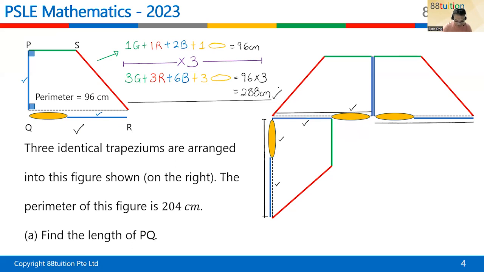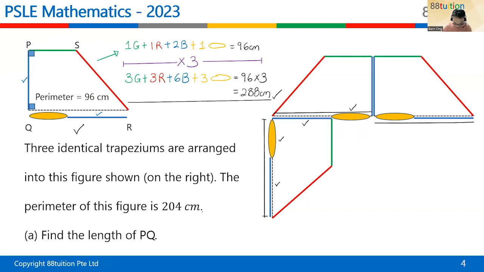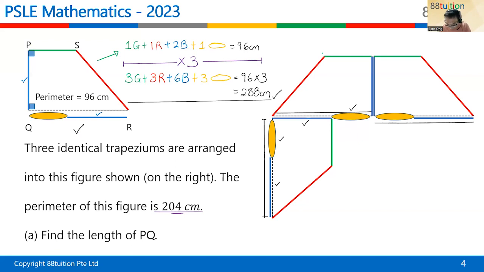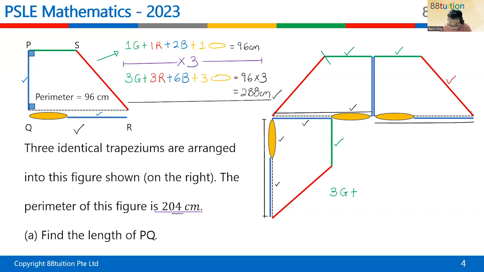So moving on. Children, come on, stay with me. What do you see? You see another clue, which is this. The perimeter of this figure is 204. And what is made up of 204? That's your question. Let me start off with this portion here. I have 1 green, 2 green, 3 green. Can you see? So 3 green plus what? Let's go down to the red portion. 1 red, 2 red, 3 red.